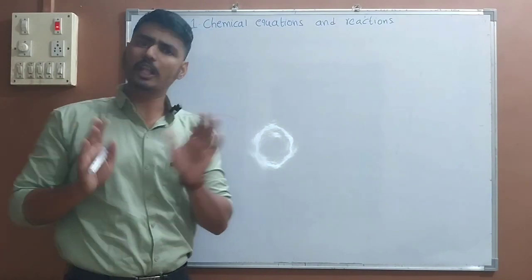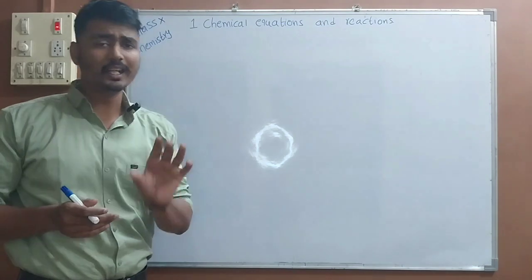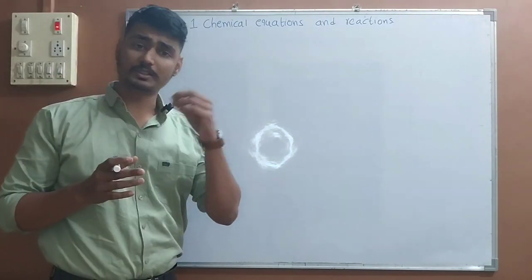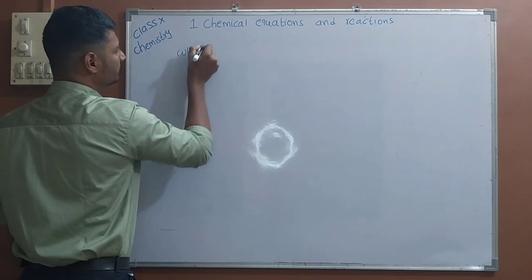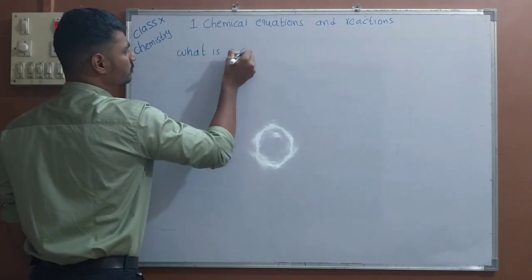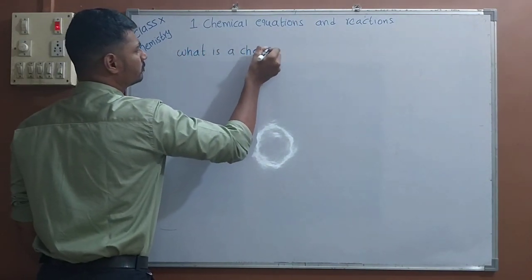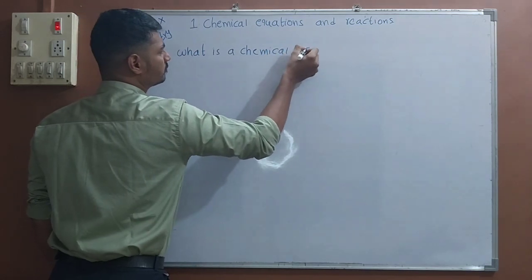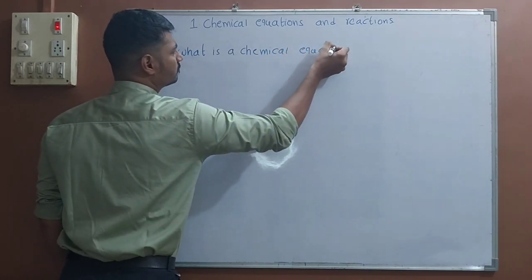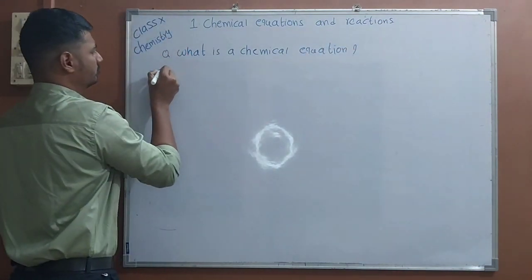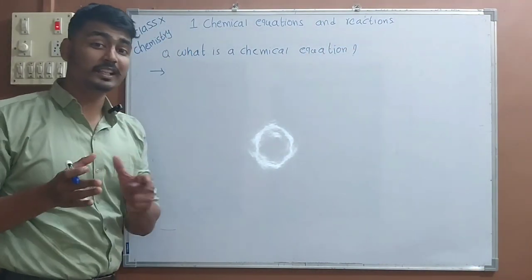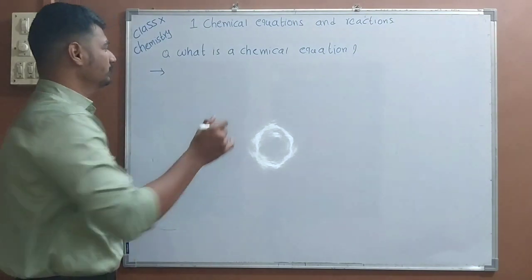To write reactions theoretically or symbolically, we need some formulae and some symbols. So what is a chemical equation? It is a symbolic representation of a chemical reaction.